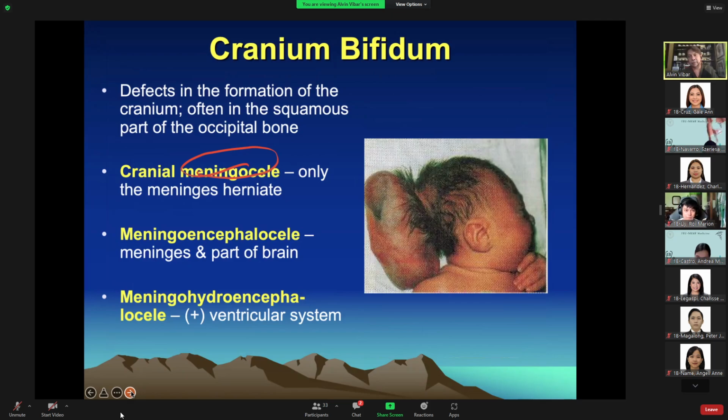What is the explanation? In the spinal cord, the CSF is located at the subarachnoid space between the meninges, arachnoid and pia. But in the brain, the CSF is located in the ventricular system. That's the reason behind that. Clear? Very good.